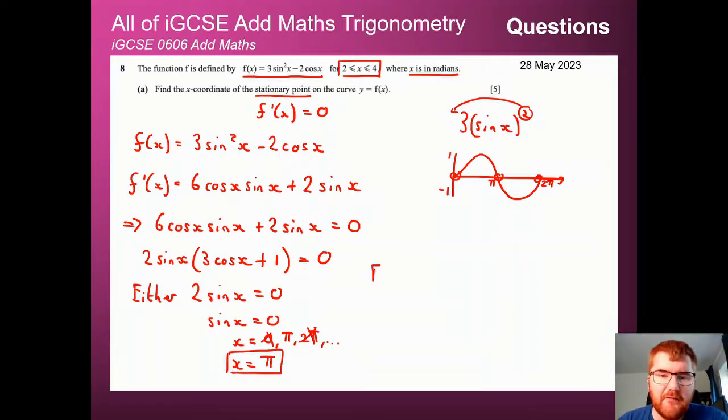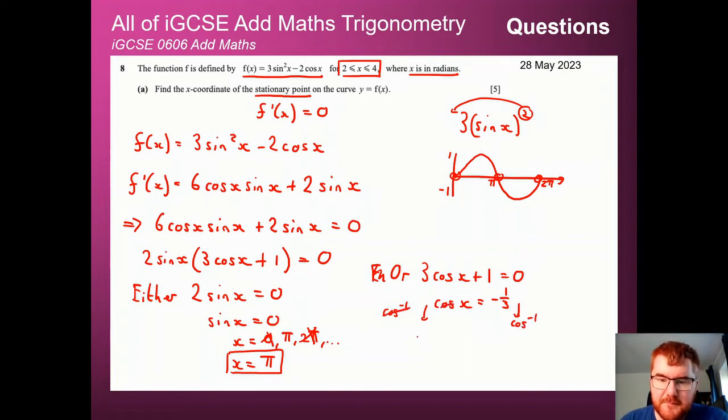Let's check the other bracket now. So or 3 cos x plus 1 is equal to 0. Therefore, cos x is equal to minus a third. So if we want to find one of the answers here, what's the opposite of cosine? Well, inverse cosine on both sides.